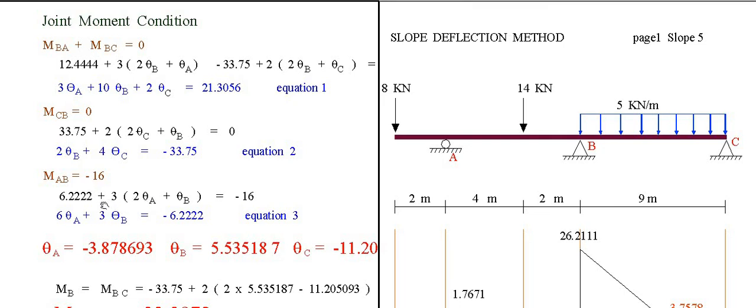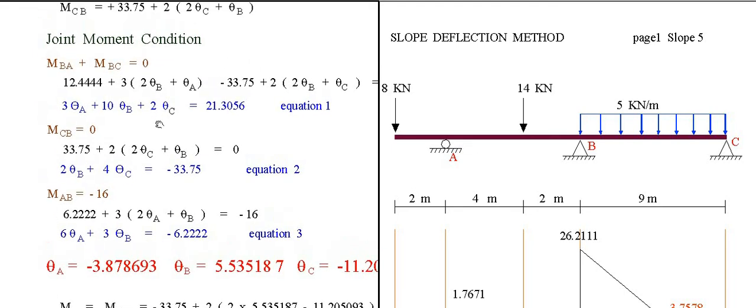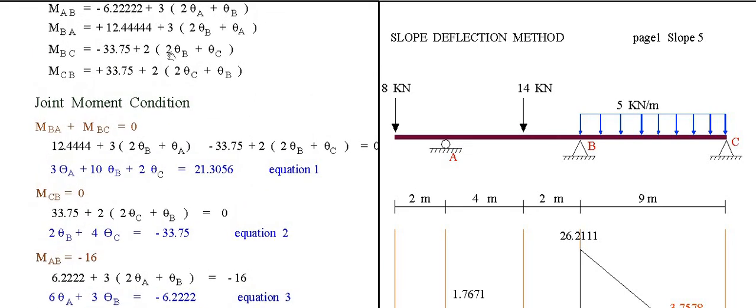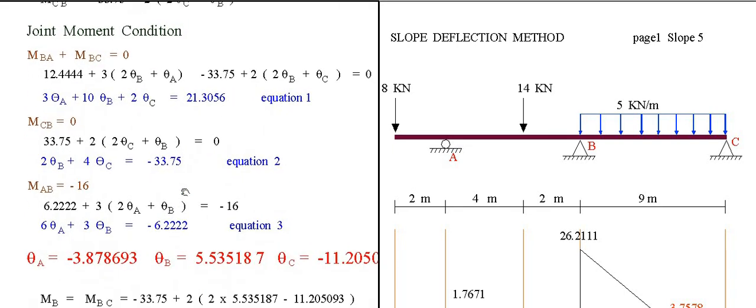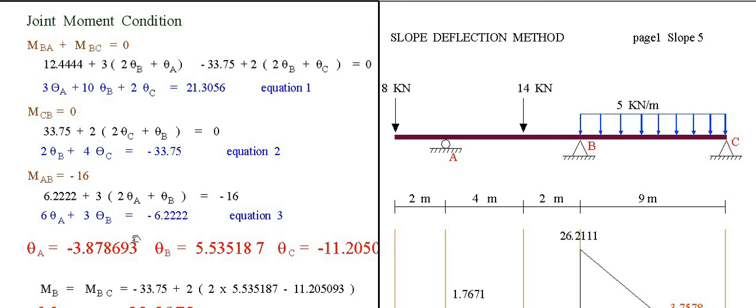Okay, then AB, what is AB? This one, minus 6.22 plus 3 quantity 2 theta A plus theta B, and equate that to minus 16. Then simplifying, 6 theta A plus 3 theta B.